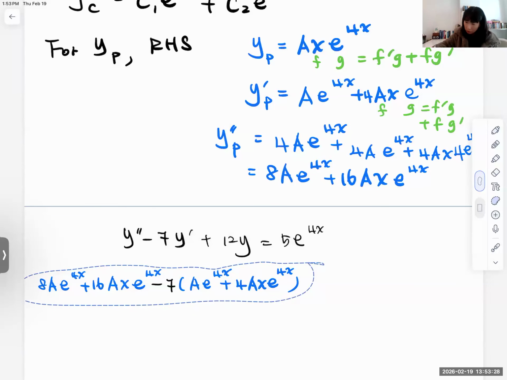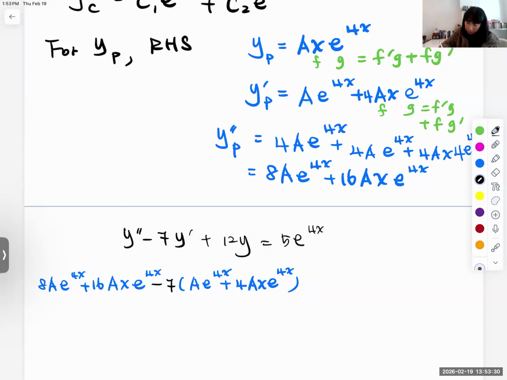Then plus 12y is 8x e to the 4x equal to 5 e to the 4x.